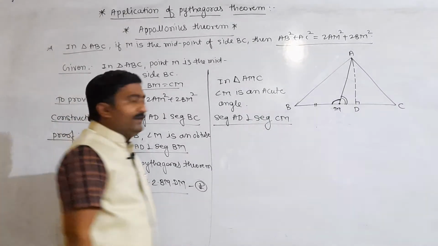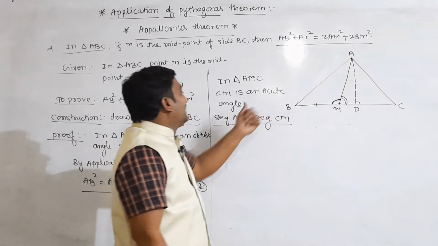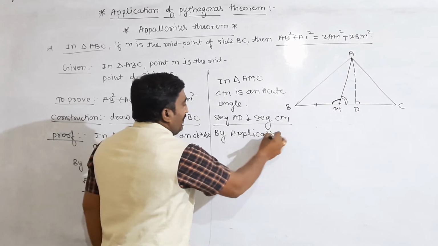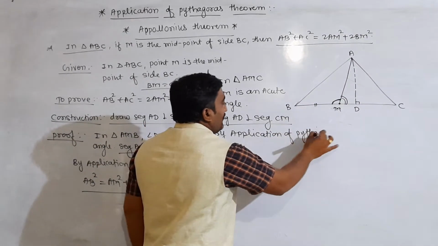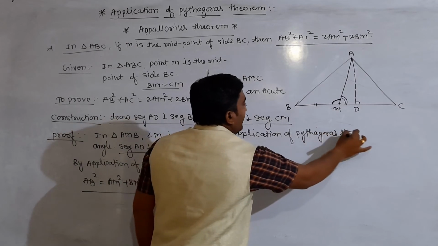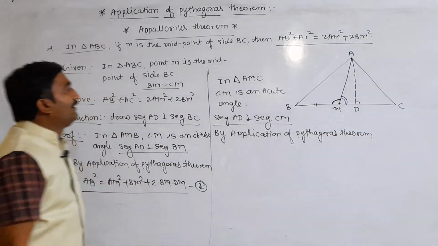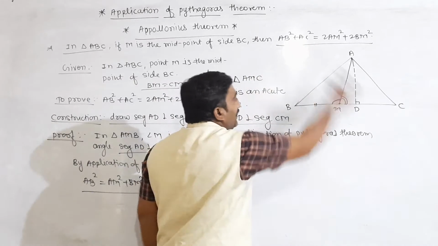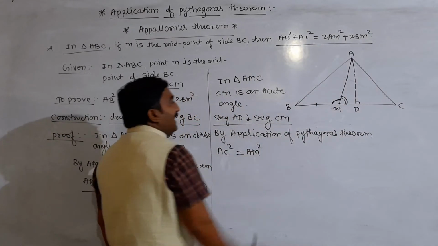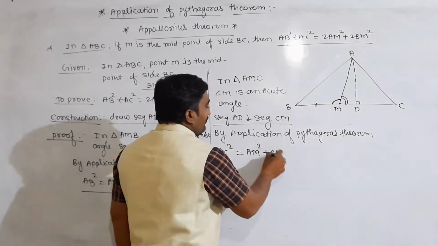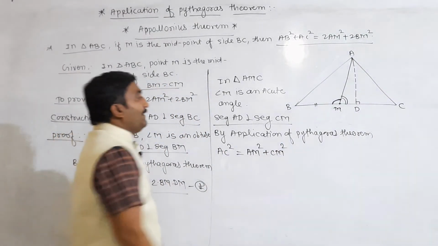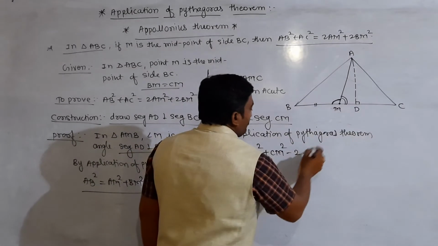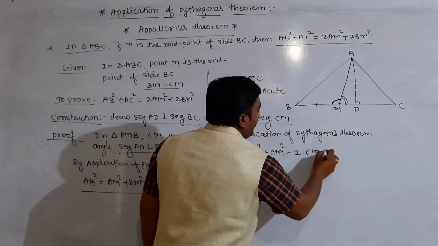Then by application of Pythagoras theorem when angle M is an acute angle, we have to write that AC square is equal to AM square plus CM square minus 2CM into DM.